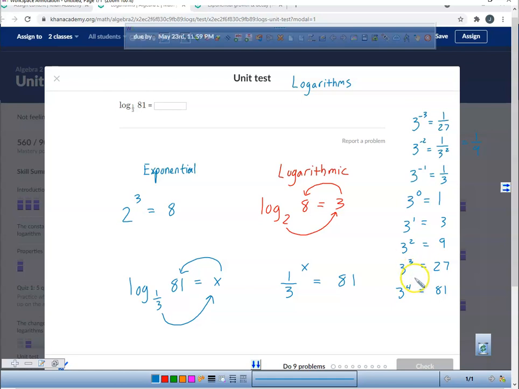All right? Well, remember, if you want to make a negative exponent positive, just shift it down underneath. You've learned that before. So how could I write 1/3? 3 to the power of negative 1. How could I write 81 as a power of 3? 3 to the power of 4.